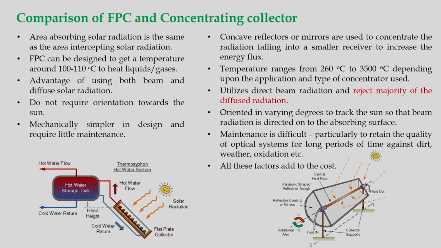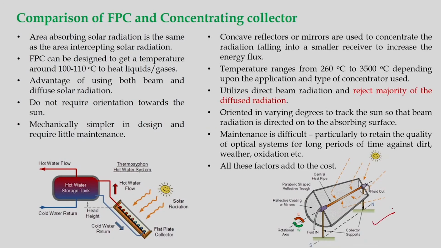So, this slide shows the comparison of flat plate collectors and concentrating collectors. As you are already aware, flat plate collectors are normally used for low temperature applications, so the maximum may be 100-110 degrees C. For concentrator configurations, it may go up to 3500 degrees C, starting from 260 degrees C. In flat plate collectors, the primary advantage is that we can employ both normal and diffuse radiation, but in concentrators only normal radiation is applied for energy conversion.